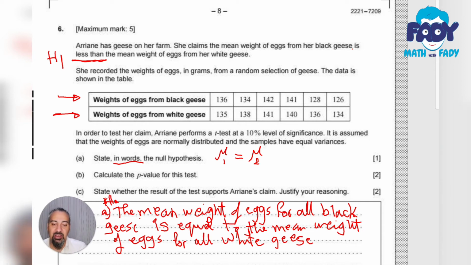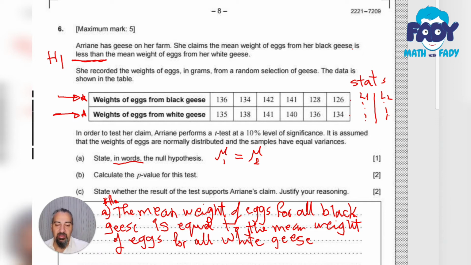B, calculate the p-value for this test. So how would we calculate the p-value here? We need to insert these two given rows into our calculator, into stats. Insert the first row into column 1, and the second row into column 2.